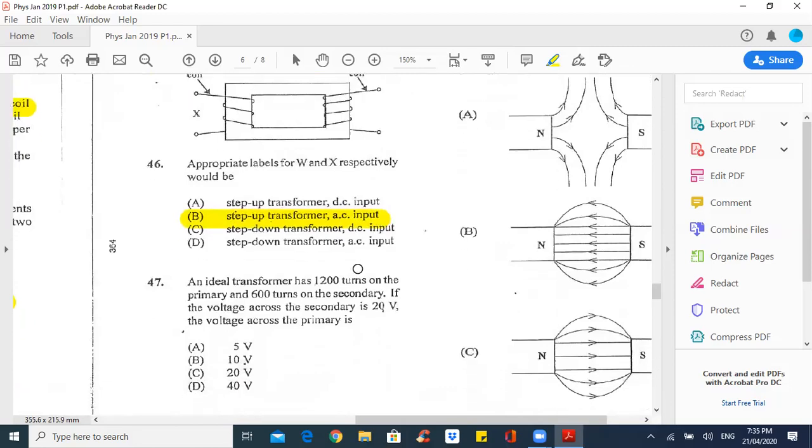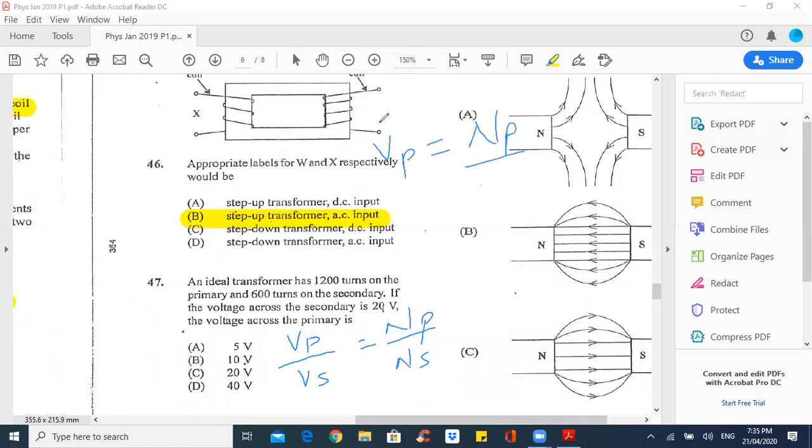That's 46. 47. An ideal transformer has 1200 turns on the primary and 600 on the secondary. The voltage across the secondary is 20. So we're going to calculate that. Vp over Vs is equal to Np over Ns. Vp we do not know, so we're going to change the subject of the formula. The Vs was divided across, and it becomes a multiply now, sorry.